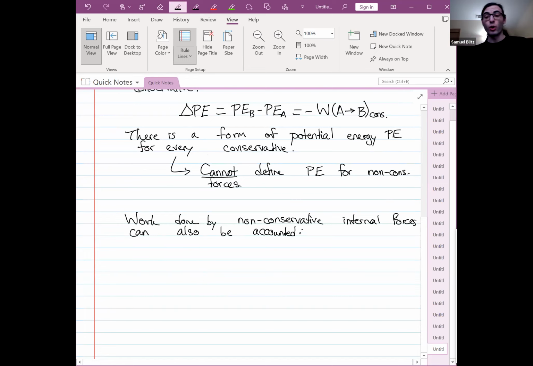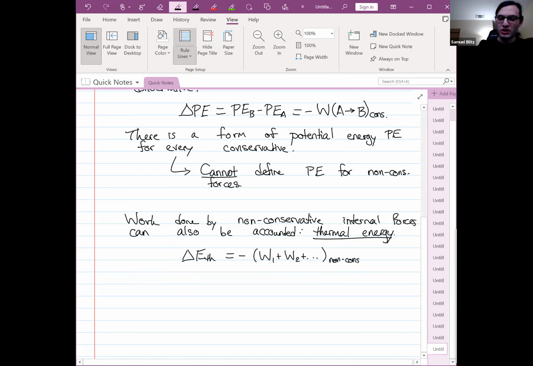We call the work done by non-conservative internal forces thermal energy. It's not always thermal energy, but in the cases that we're going to see in this course, it will be. So we define the change in thermal energy of a system, E sub TH for thermal, as the negative of the work done by the non-conservative forces.